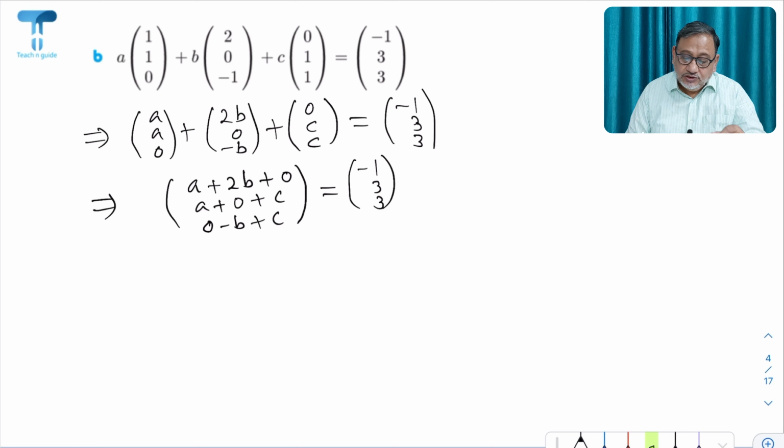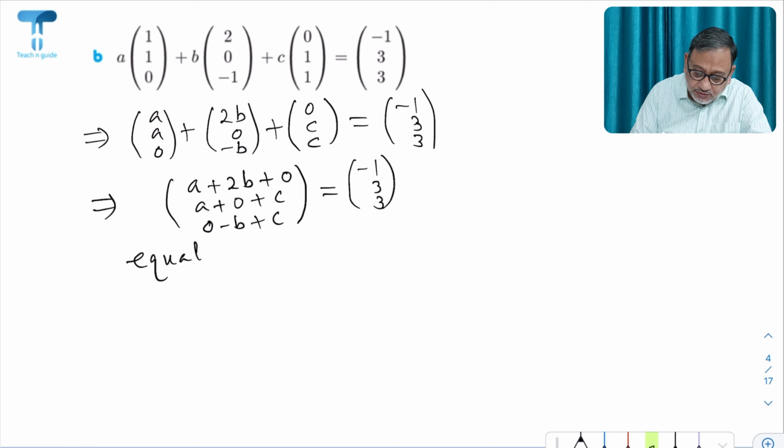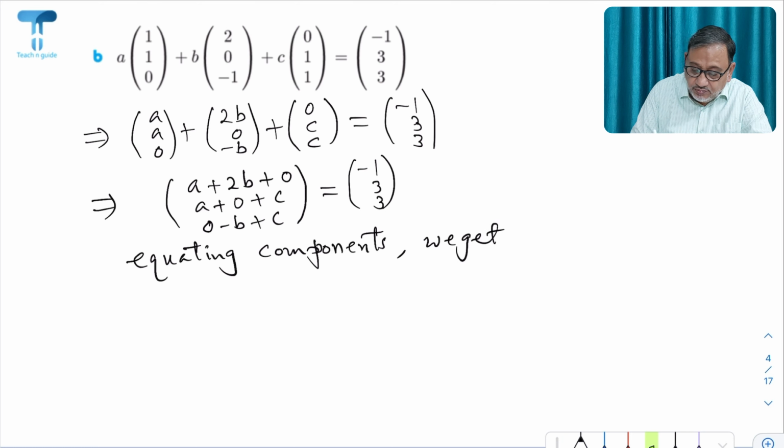Yeah. So here we will equate the components again. Equating components, we will ignore the 0. Equating components, we get, look here, this component is equal to this component.